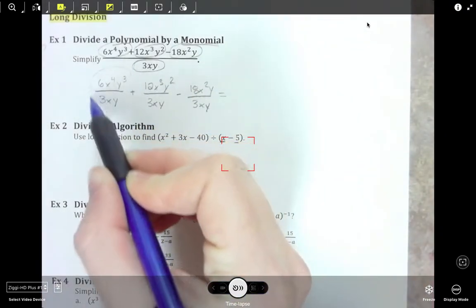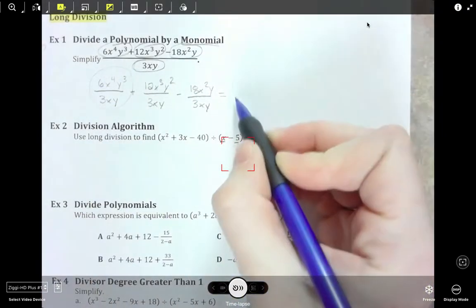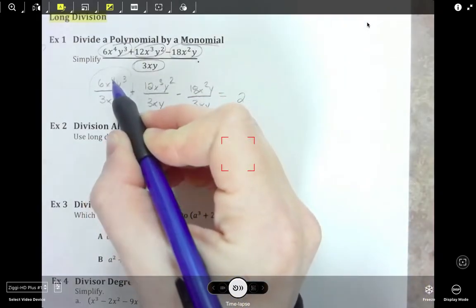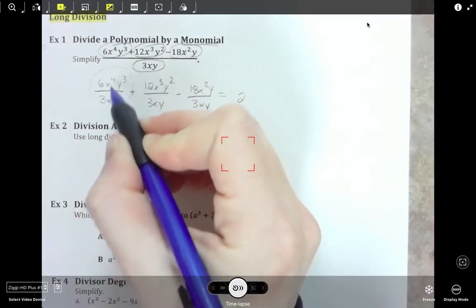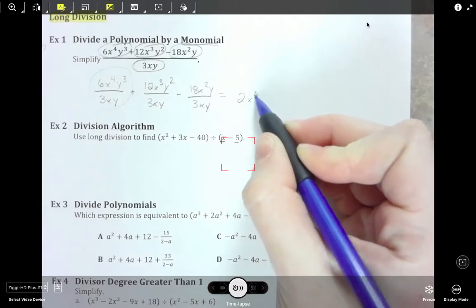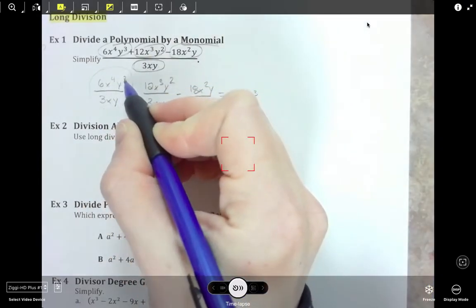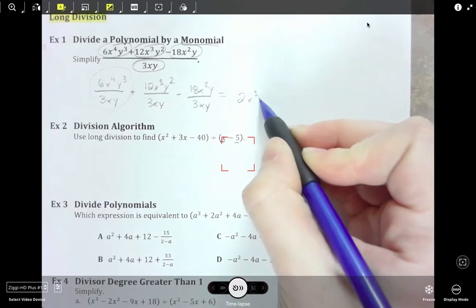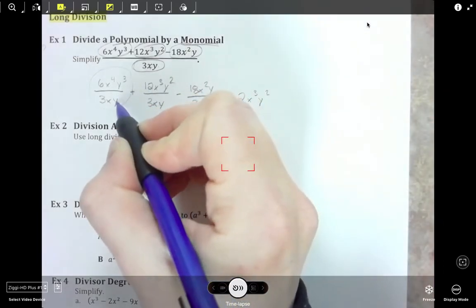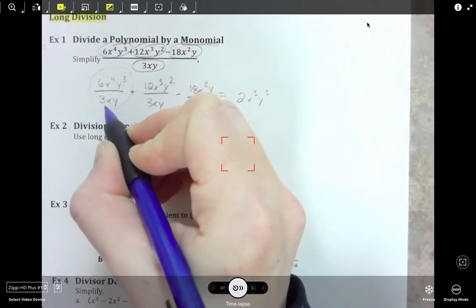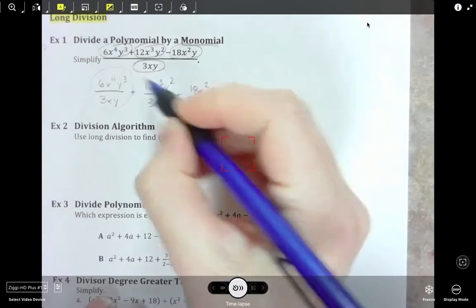Starting with this one, I look at the number: 6 divided by 3 is 2. X to the fourth divided by x is x to the third power. And y to the third divided by y is y to the second power. You just subtract a y and you subtract an x away from it. Now this guy's done.